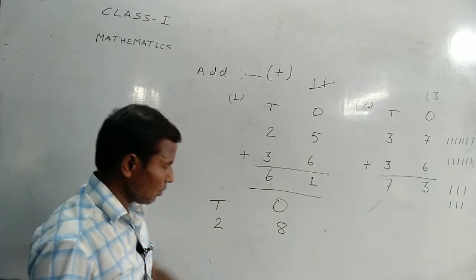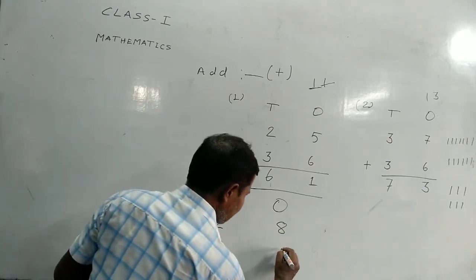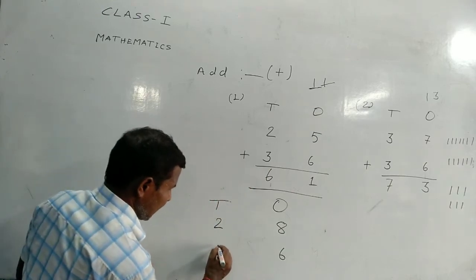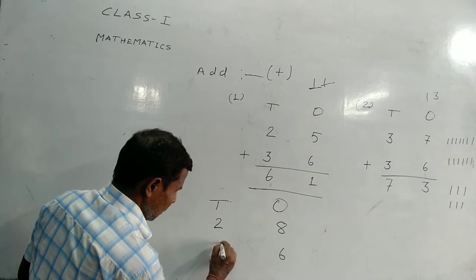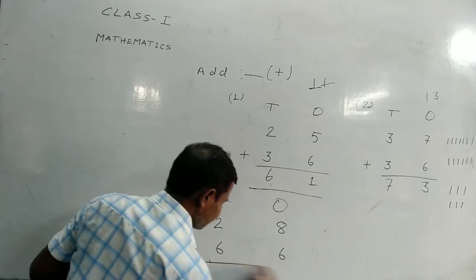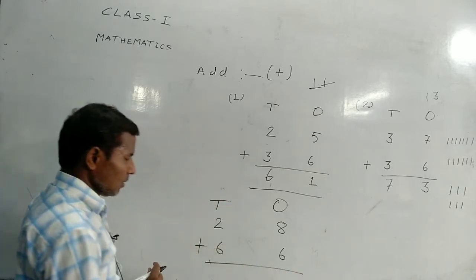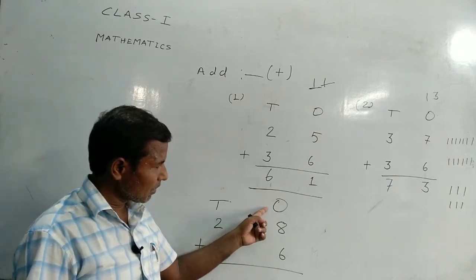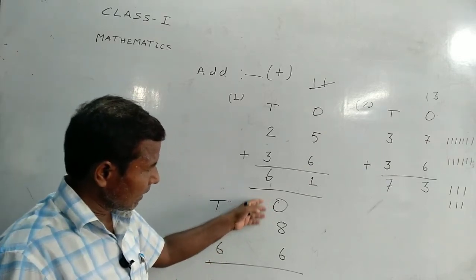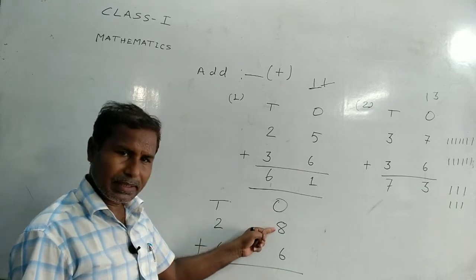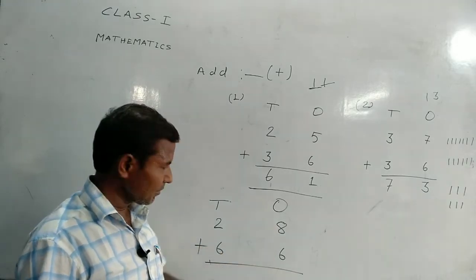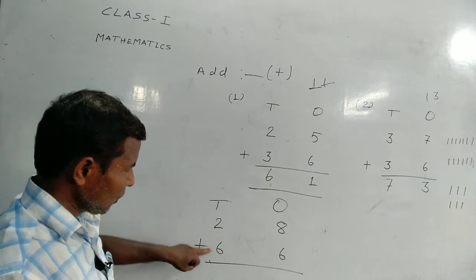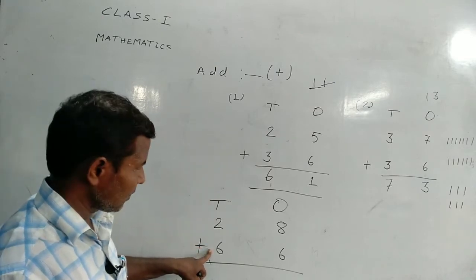Now ones place is written 6, and tens place is also written 6. Now you are looking here. Under ones is written 8 and 6. Tens place is written 2 and 6.